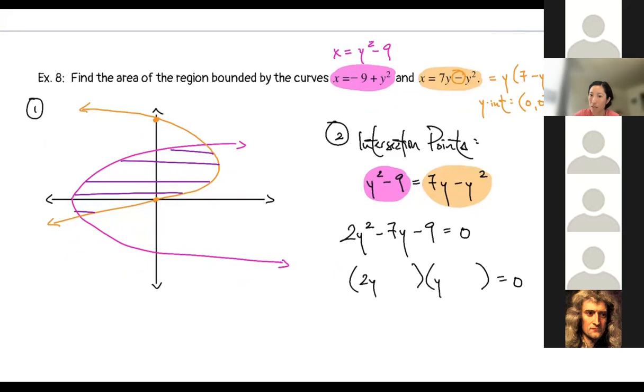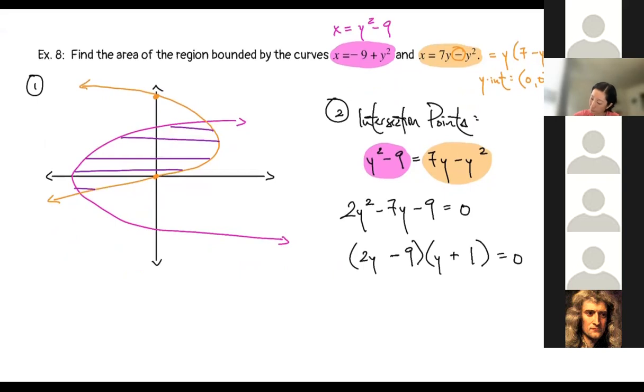Let's see, 9 and 1, so maybe 9 and 1. I need a -7 and a +2, and I think that works out. So what that tells us is that y equals 9/2 is one of the intersection points, and y equals -1 is another one of the intersection points.